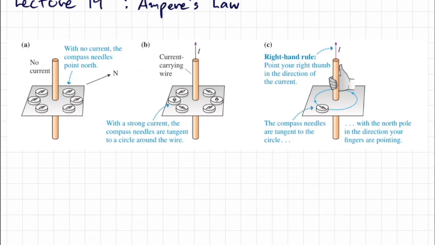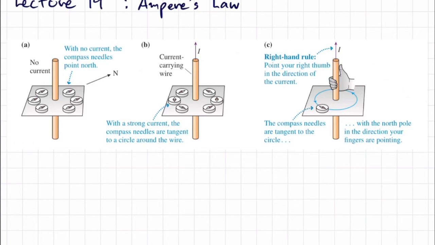Even though the practical use of Ampere's law is quite limited, there are some important applications. If you can use Ampere's law, it's going to be a lot easier to calculate the magnetic field, but not every situation can use Ampere's law.